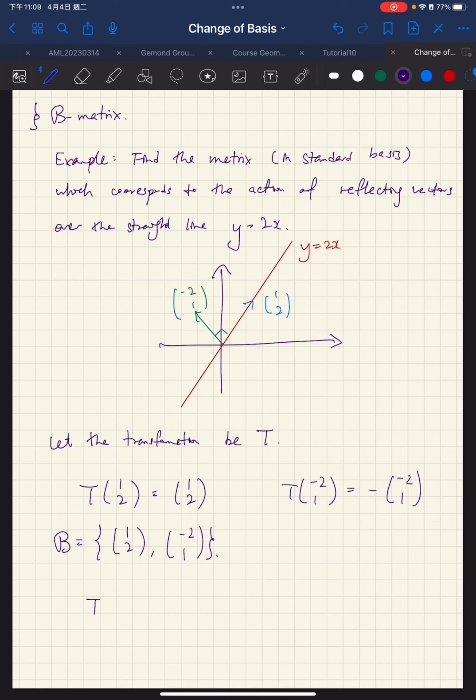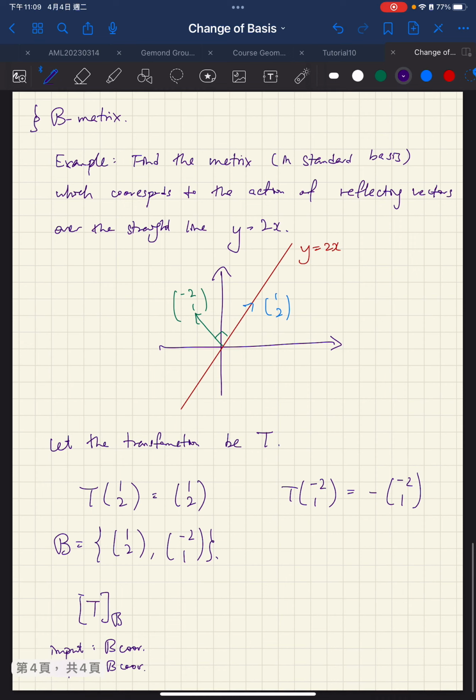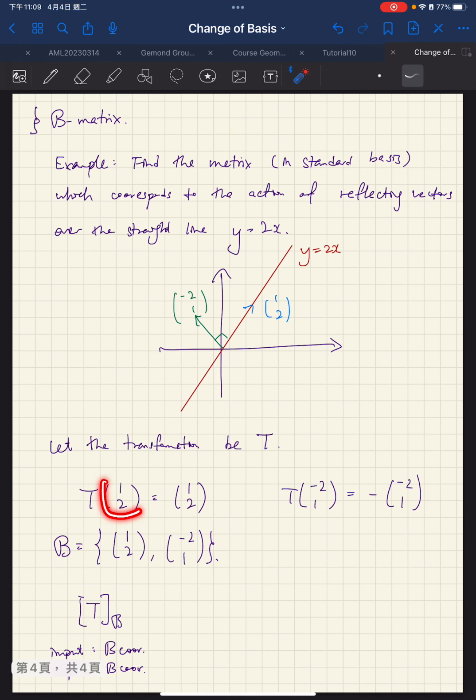Okay, T using this basis. What does it mean? I only want the inputs to be B coordinates. The output is still B coordinates. So we totally forget about the standard basis. We only care about B coordinates.